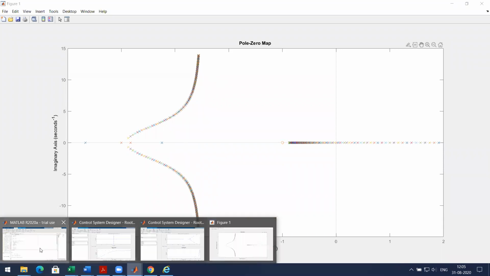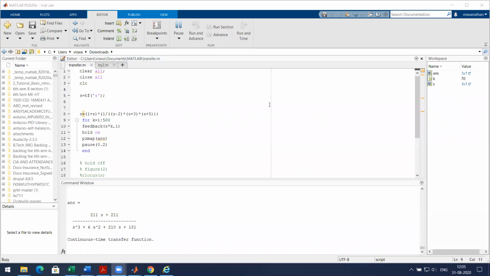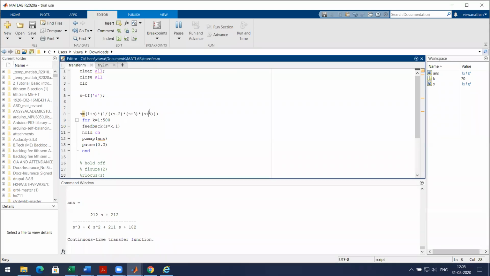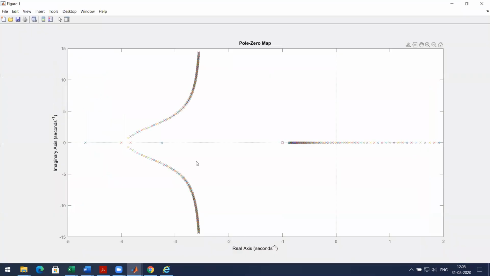Any questions? You can see that still it is moving.